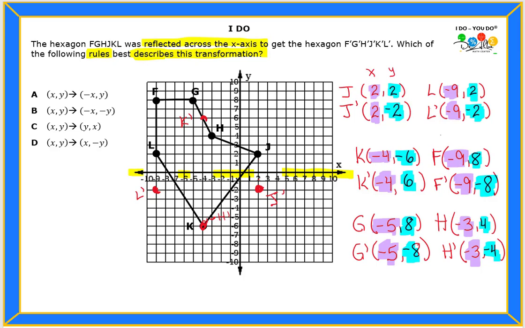So that will be -9 and -8, which is way over here. And this will be F prime, right? G is -5 and -8, which is right here. And this will be G prime. Is that right? And I think I have all of them. 1, 2, 3, 4, 5. I'm missing one point. What point am I missing?